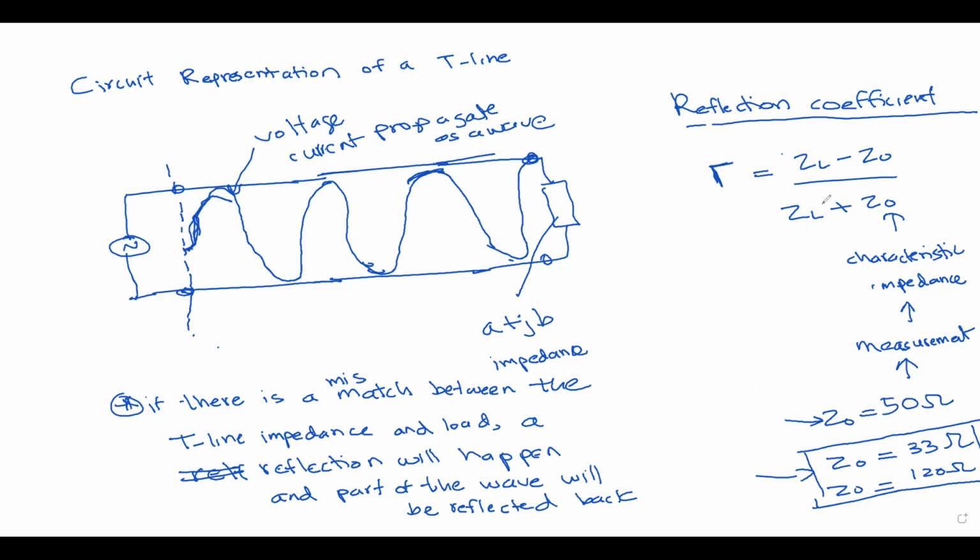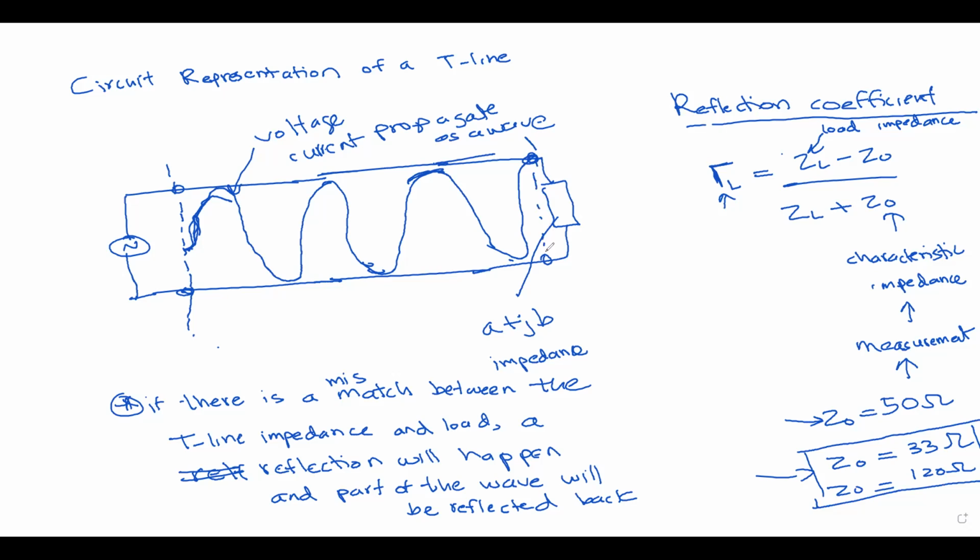So if we know the value of ZL, the load impedance, we can find the value of the reflection coefficient at the load. The reflection coefficient can be measured at any point in the line.